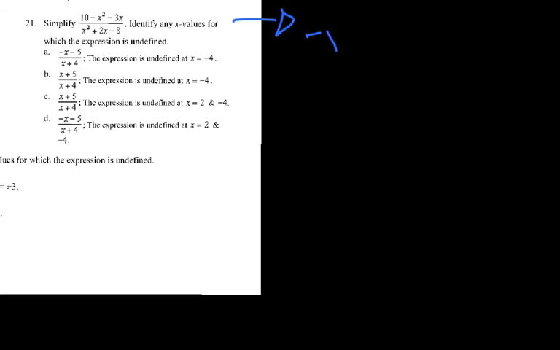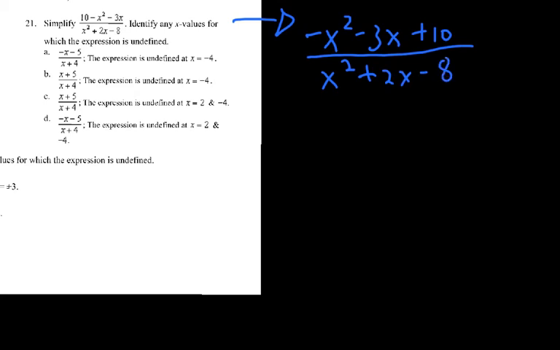So the trinomial on top, first let's get it to standard form. So we have a negative x squared minus 3x plus 10. Remember that you just want to move, don't change the signs, you just move the terms. And bottom says the same, plus 2x minus 8. Okay, so now you are going to factor.